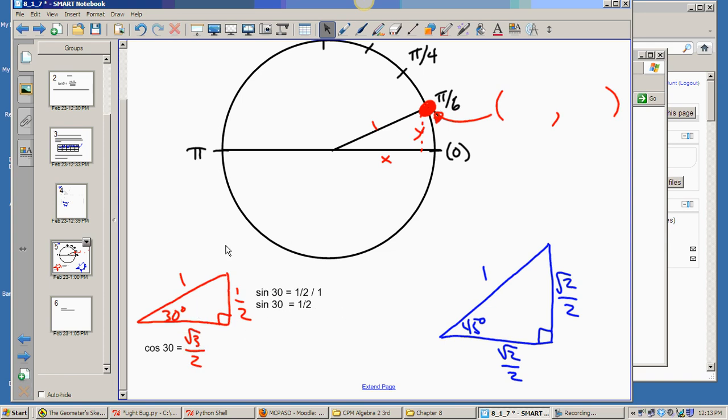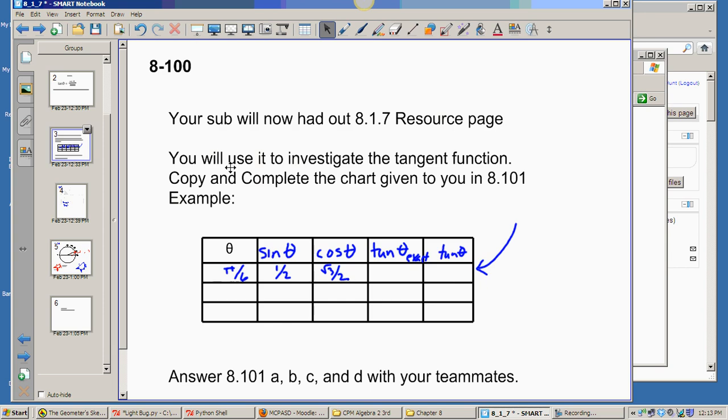And what you're going to be doing is finding the tangent. I knew that the sine of 30 degrees, and they're using radians, which we studied on Monday. So pi over 6 is that first notch on your circle.